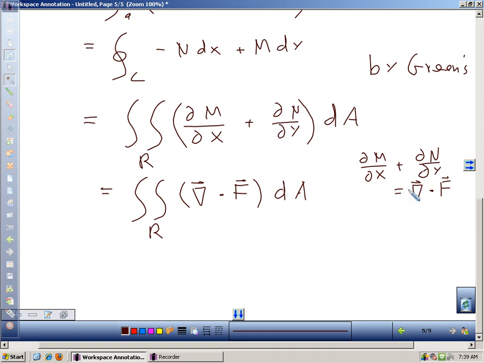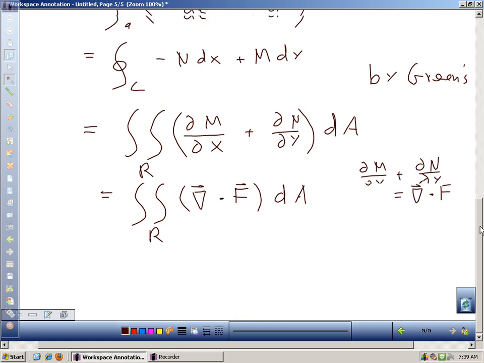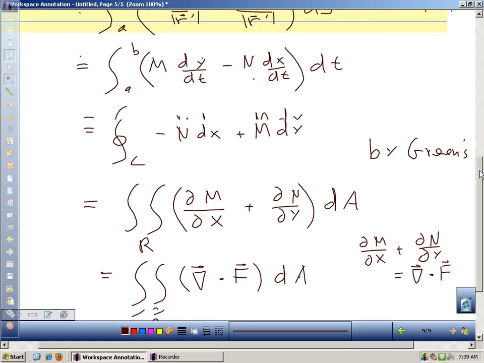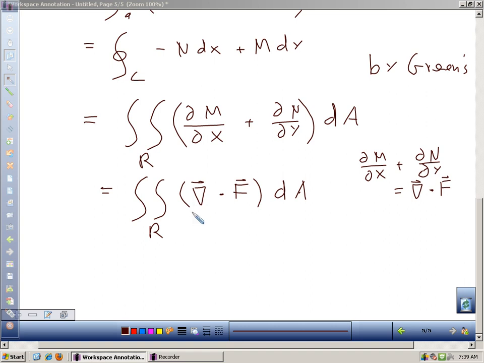So what this tells us, finally, let's go back up to what we started with. The line integral of the normal component of our field around the curve equals the double integral of the divergence of the field over the region.